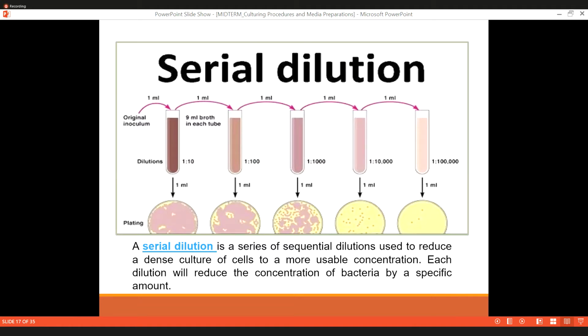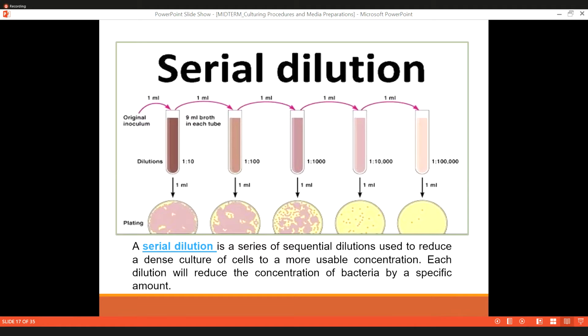Our first test tube is considered to be concentrated, and the original inoculum is placed there. The standard procedure in serial dilution is that we will have 9 ml of broth, or it can also be distilled water. Then, we will have 1 ml of original inoculum for our first test tube.